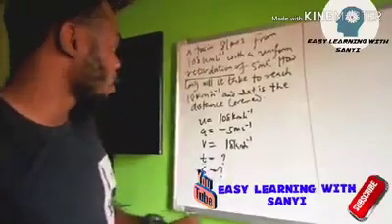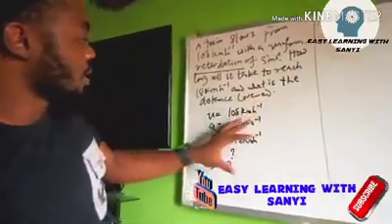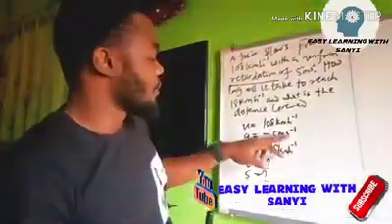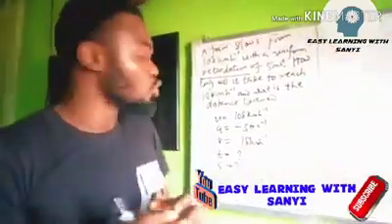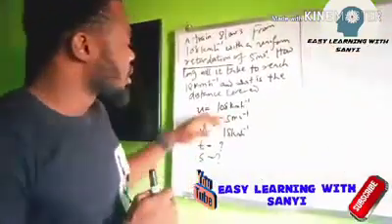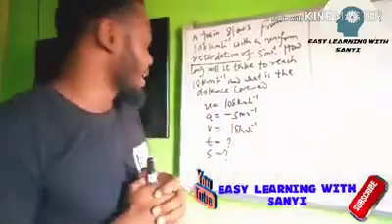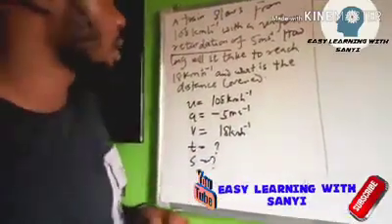So how do I go about this? The first thing I ask myself is, look at these units. They are not the same. This is meter per second, this is kilometer per hour. So the first thing you do is convert from kilometer per hour to meter per second.